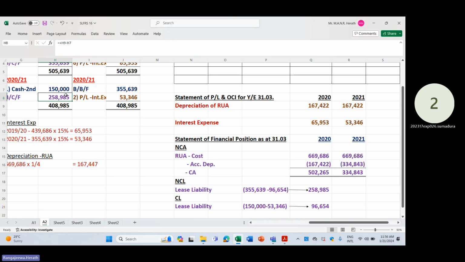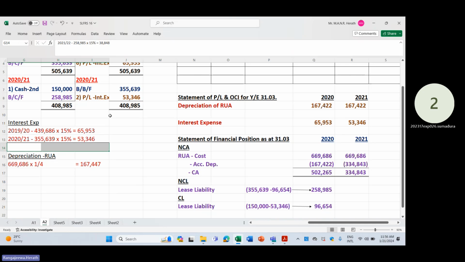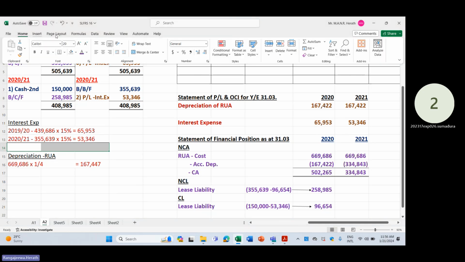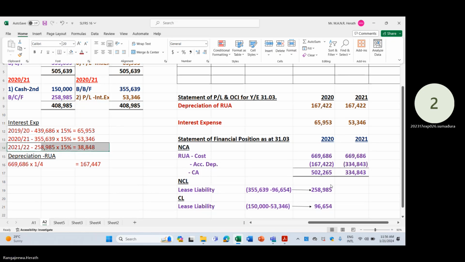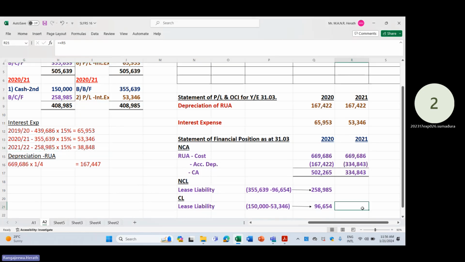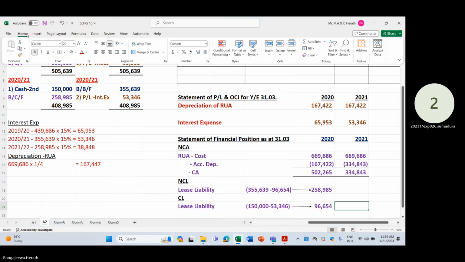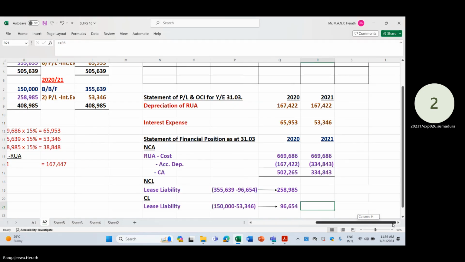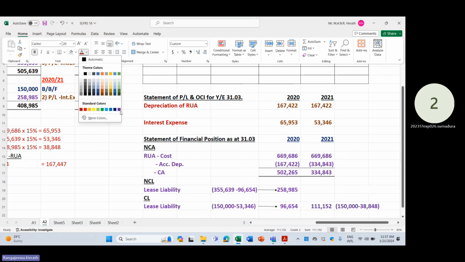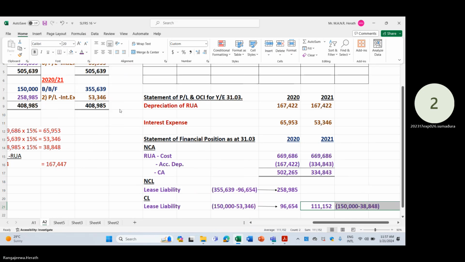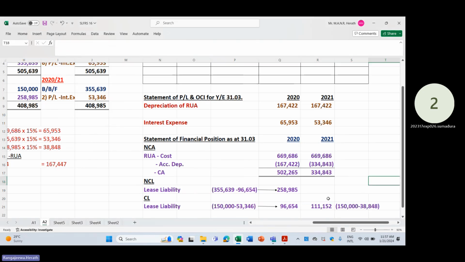දැන් ඔය 258 නැවත දෙකට බෙදන්න ඕනේ. අපිට බලන්න පුළුවන් තුන්වෙනි අවුරුද්දේ interest එක කීයද කියලා. මෙන්න මේ 258 වලට 15%. Interest applicable for the year 3. එහෙනම් අපිට පුළුවන් දෙවෙනි අවුරුද්දේ liability එක බෙදන්න. 150 minus 38,000 interest.